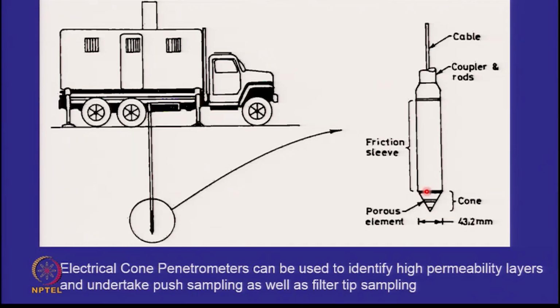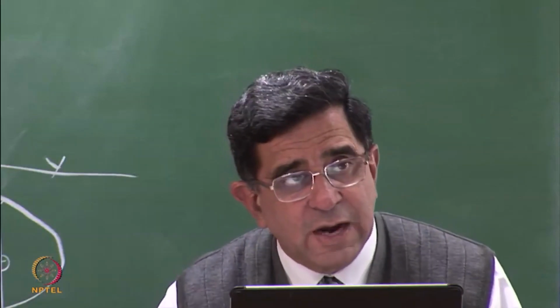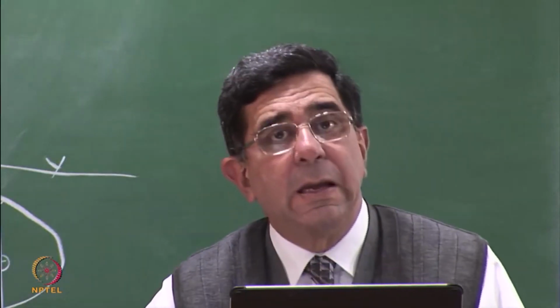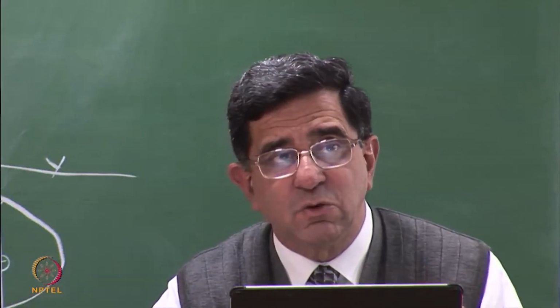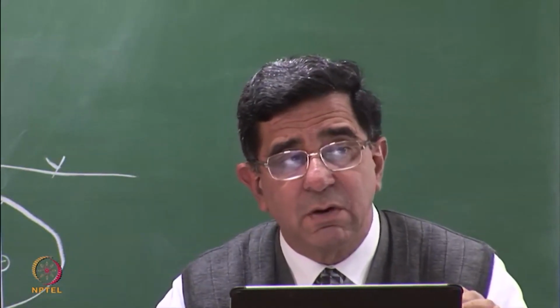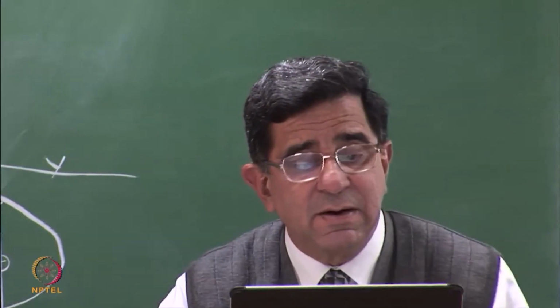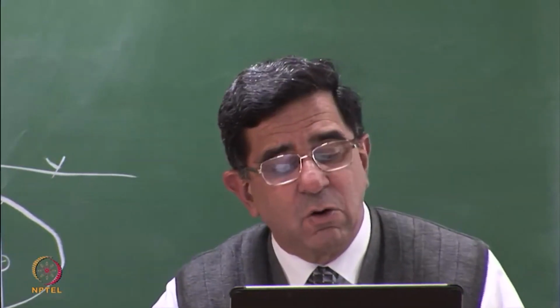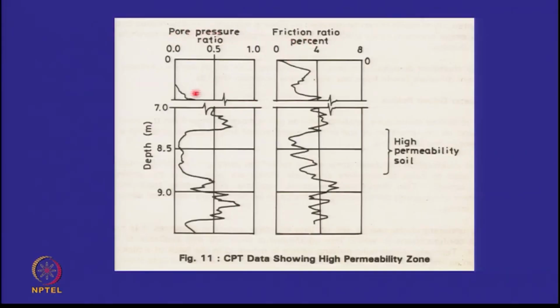So the first idea is, as the cone is pushed in, you measure the friction ratio and the pore pressure ratio in the soil. Because we are looking at high permeability zones. High permeability zones will have water travel faster, the contaminant can travel faster. So the electrical cone penetrometer, if you do the pore pressure ratio and the friction ratio, you will get plots like this.